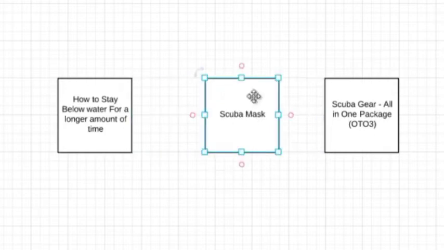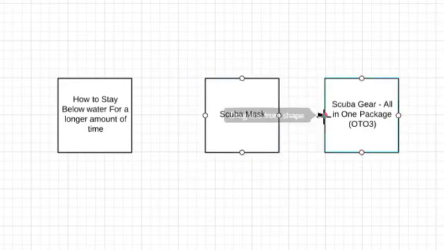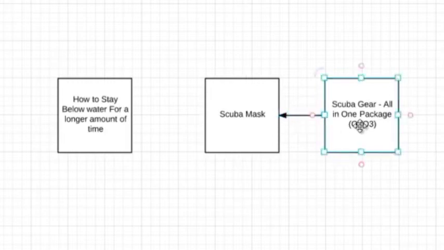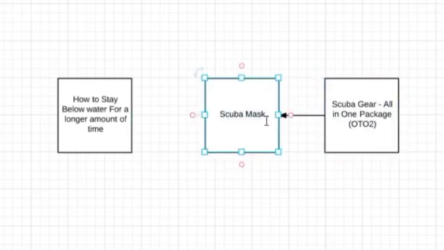If somebody buys a scuba mask, you could say, hey, you buy the scuba mask, but I'm going to offer you the scuba gear for like half off or something. So let's go here. And for simplicity, let's do OTO2 since it's a product. So we'll do this as OTO1 and then maybe a front end offer.